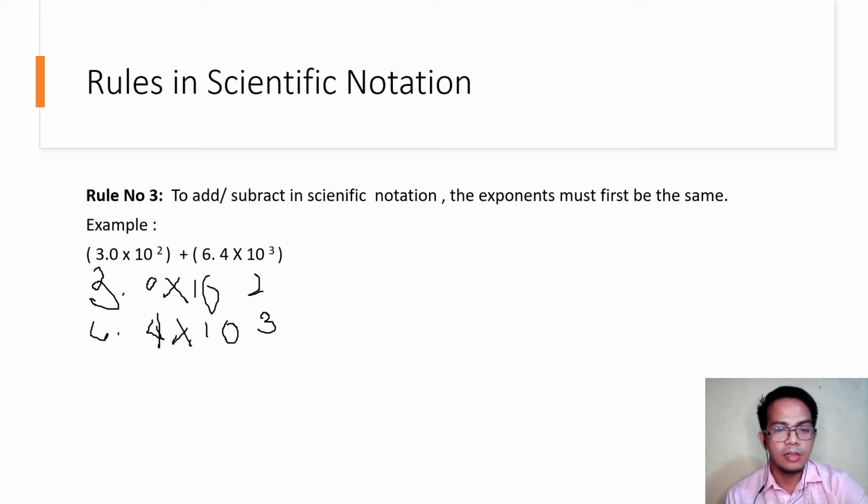Okay, we must change the 6.4 times 10 raised to 3 to 64 times 10 raised to 2 to add these two values. The exponent changes into 2 and we move the decimal point to the right.